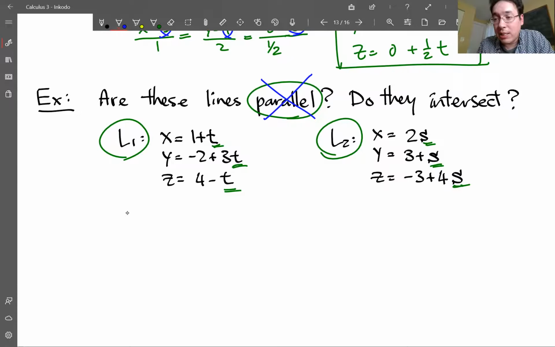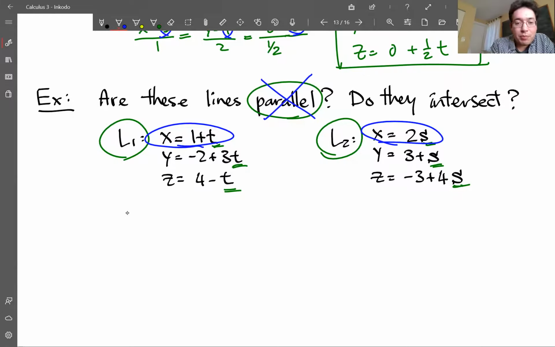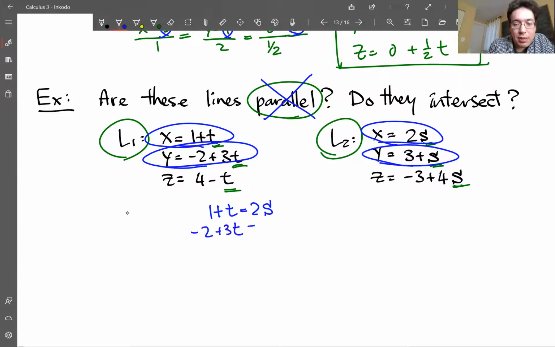Let's first set the first two coordinates equal. So 1 plus t equals 2s, and negative 2 plus 3t is equal to 3 plus s.